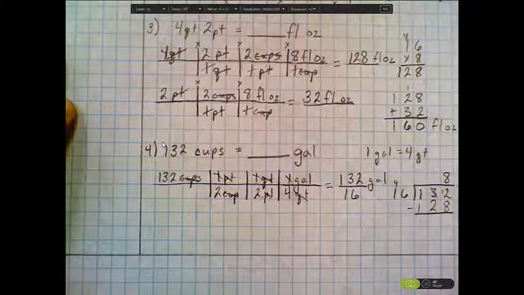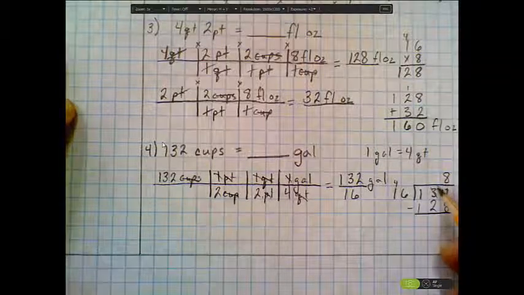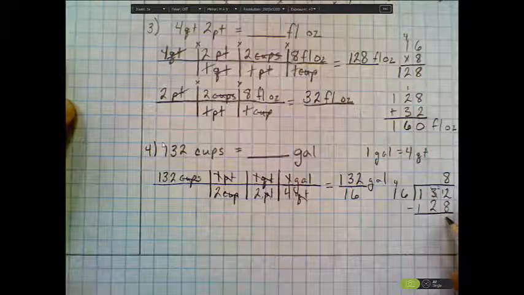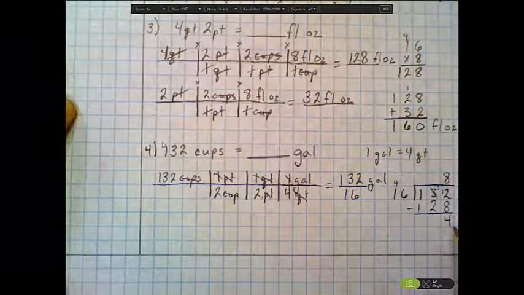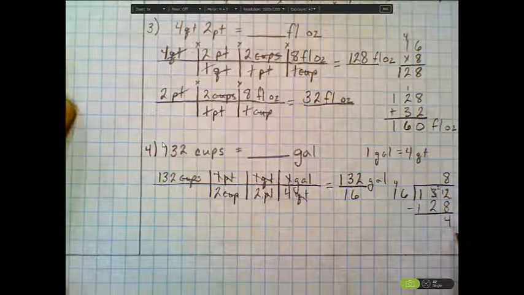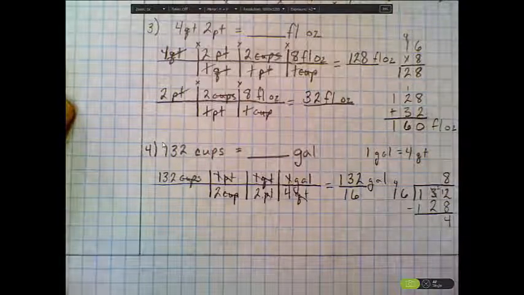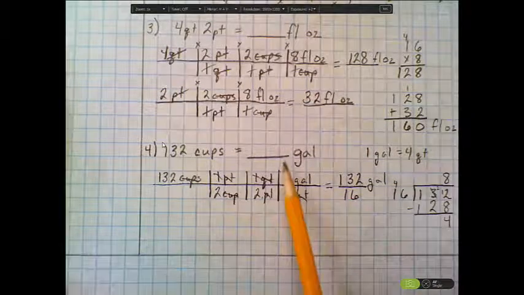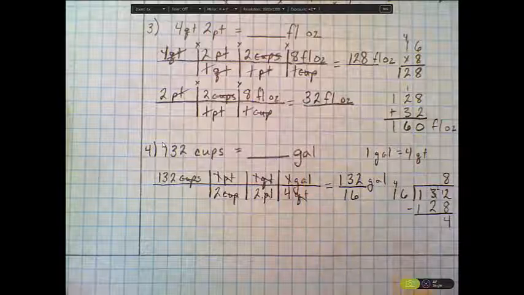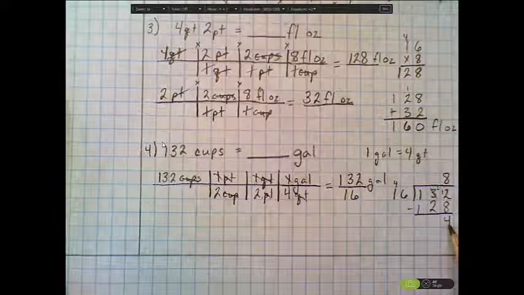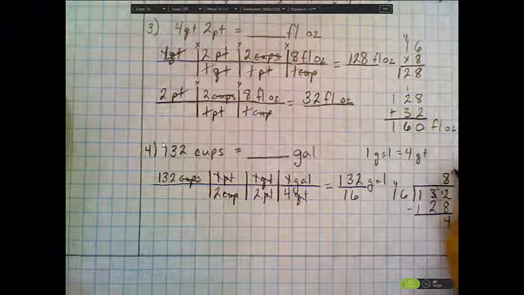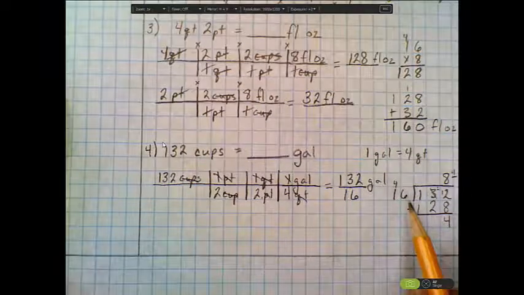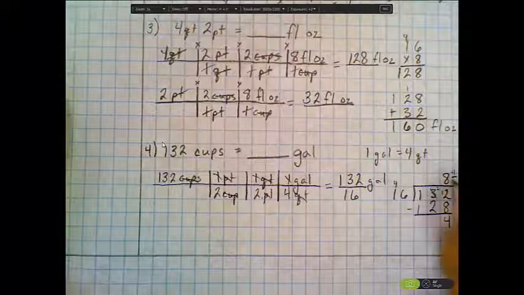Subtract and borrow. So 12 minus 8 is 4, 2 minus 2 is 0, 1 minus 1 is 0, and so we're left with the remainder of 4. So if we just want gallons, then what we're going to do is we're going to take our remainder and make it the numerator. We're going to take our divisor and make it the denominator.